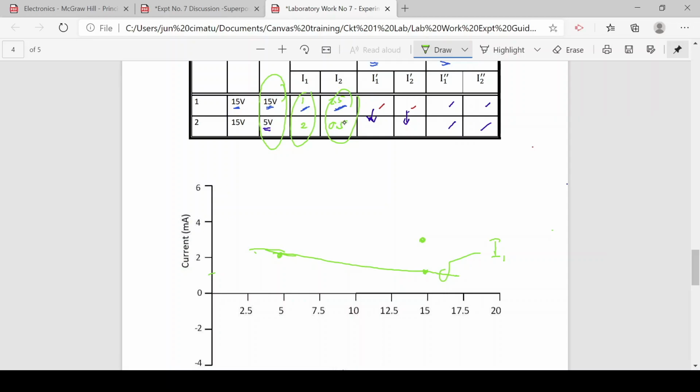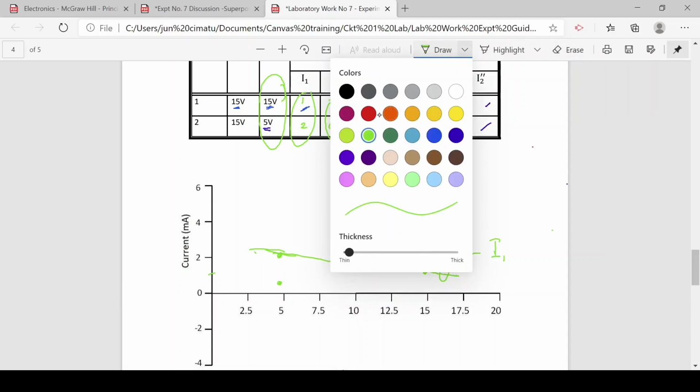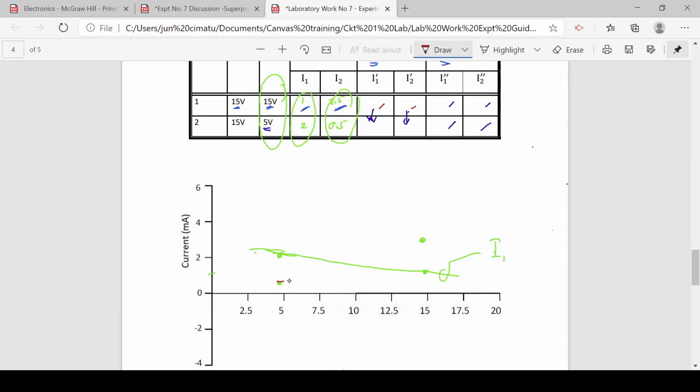And when the source was reduced, we expect a decline in the current, since there is a decrease in source voltage.